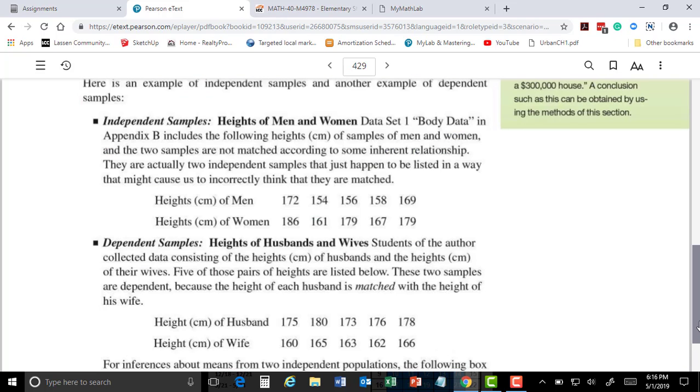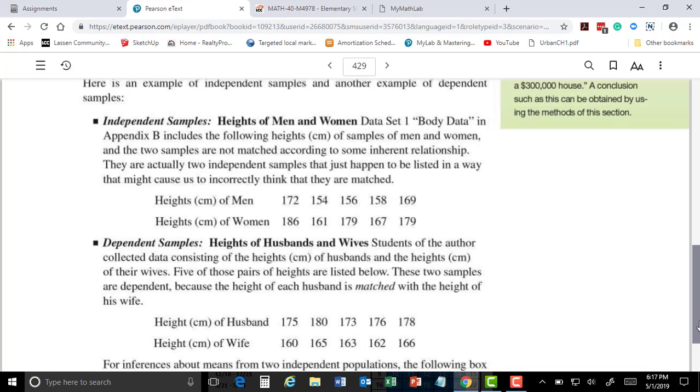Here's one: Data Set 1, body data in Appendix B. I think we have that. It says the following are heights in centimeters of a sample of men and women. The two samples are not matched according to some inherent relationship.